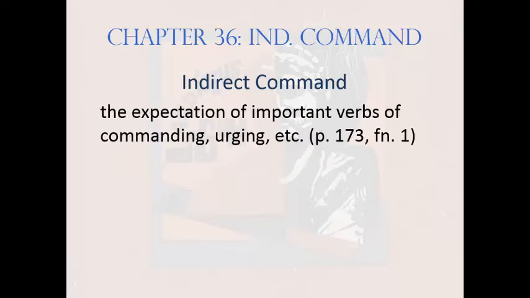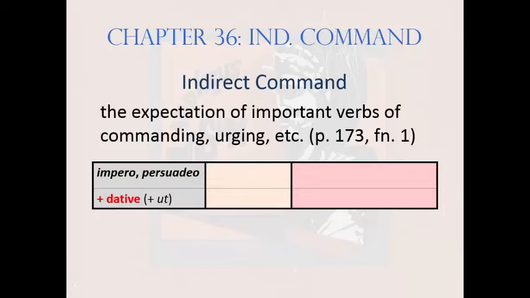Here's a catch that really has nothing to do with indirect command itself. There are no catches in indirect command. It's totally straightforward. But there is a catch attached to the verbs that are often used to introduce it, several of which expect objects or phrases you need to be aware of. Impero and persuadeo, for instance, take dative objects, as we studied in the previous chapter.